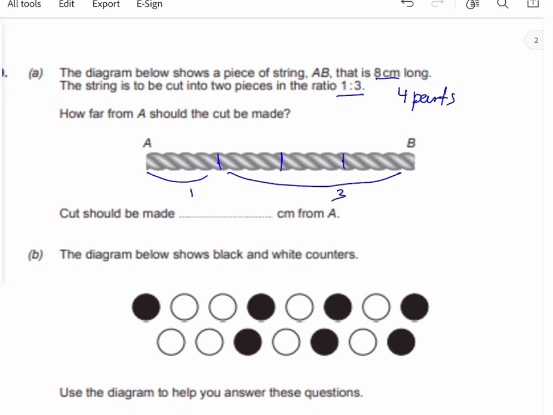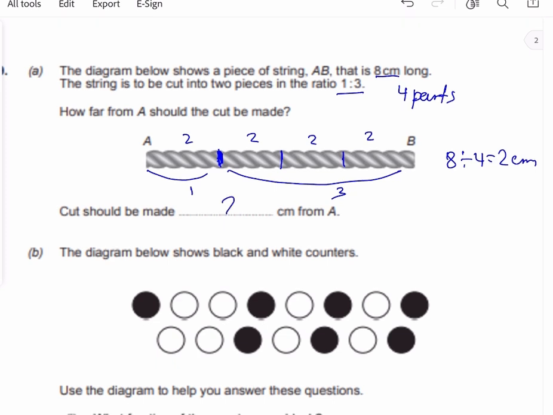So that means we're going to divide 8, the total length of the string, by 4, which will give us 2 centimeters. So each piece is 2, so cut should be made 2 centimeters from A.